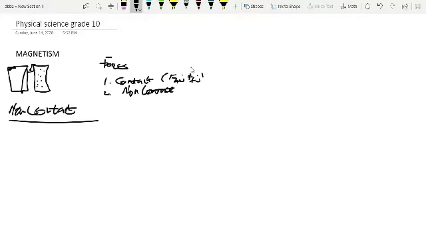Friction will include the static friction, Fs max, and the kinetic friction, Fk max. This is the force applied, and this is the frictional force. What else? We can speak of the tension force, and so on.